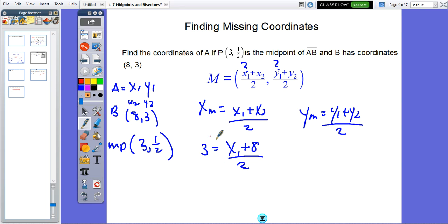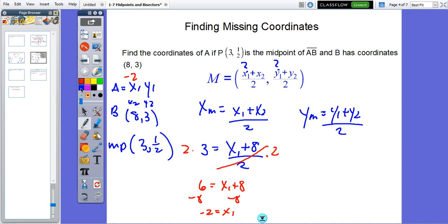The best way to go about this is we'll multiply both sides by 2, that cancels out, leaving me 6 equals x1 plus 8. We subtract 8, we end up getting -2 equals our x1. So that's our x1 value, which is -2.